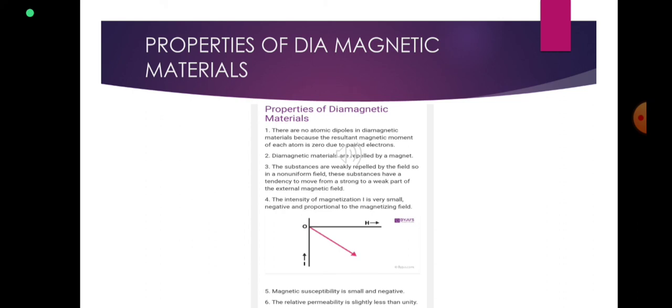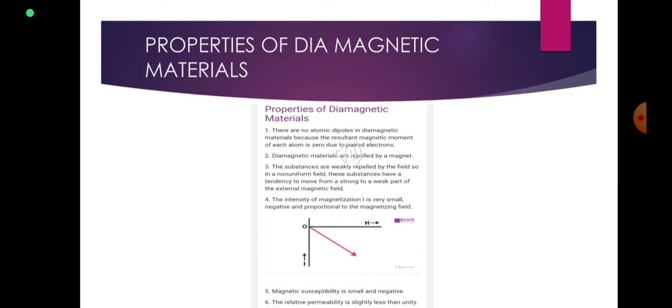Properties of diamagnetic material. The properties of diamagnetic material are: number 1, there are no atomic dipoles in diamagnetic material because the resultant magnetic moment of each atom is zero due to paired electrons. Number 2, diamagnetic materials are repelled by a magnet.